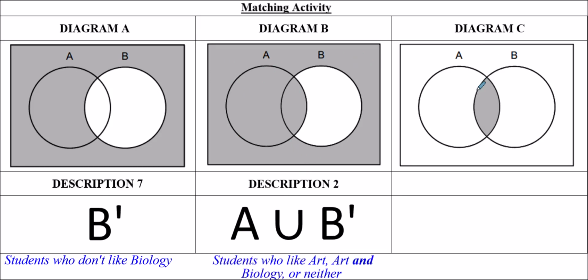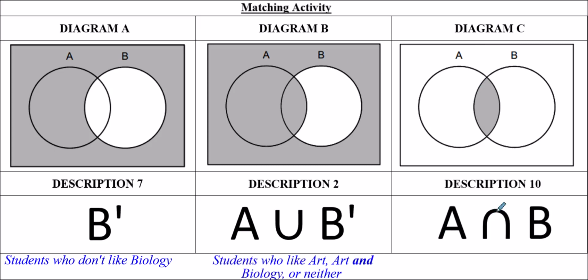Diagram C, we've just got the overlap of A and B. The overlap is the intersection, so this one's going to go and match with A intersection B, A and B simultaneously. So a description for this one could be something like students who like both art and biology.